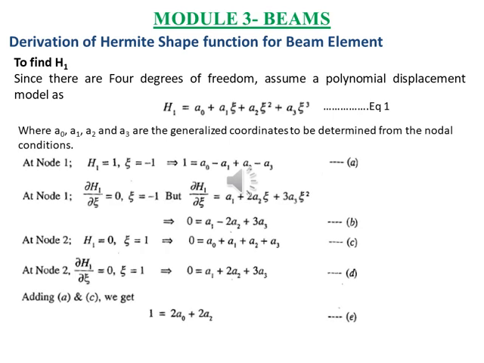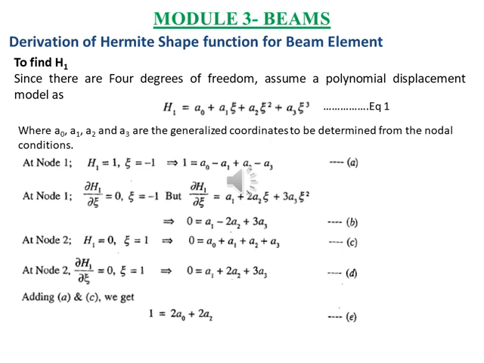So to find the value of h1, since there are 4 degrees of freedom, we have to assume a polynomial displacement model as h1 is equal to a0 plus a1 zeta plus a2 zeta square plus a3 zeta cube. So a0, a1, a2 and a3 are the generalized coordinates that are required to be determined from the nodal conditions.